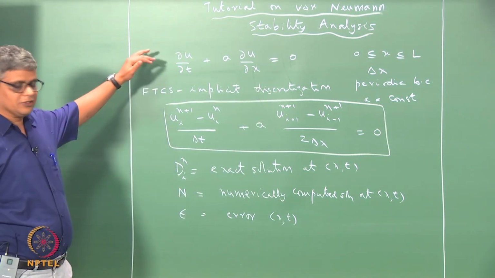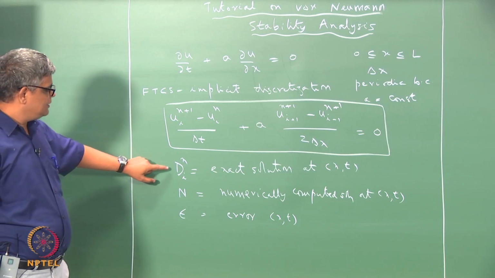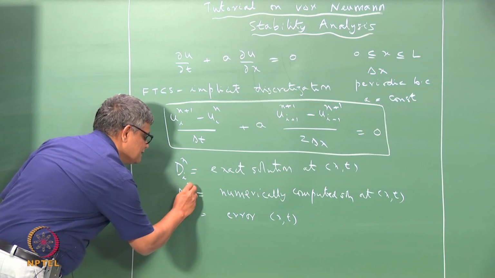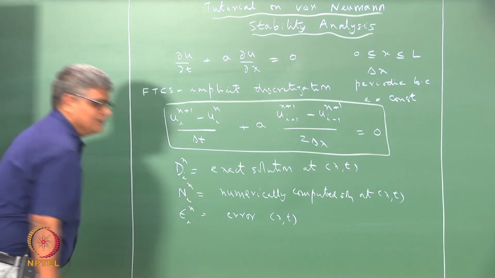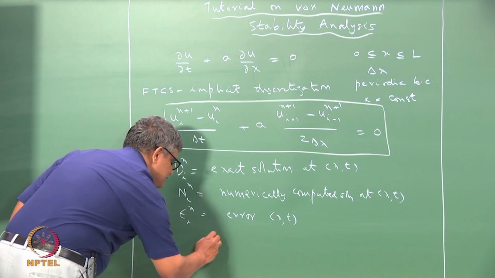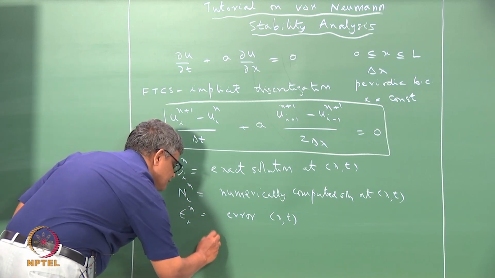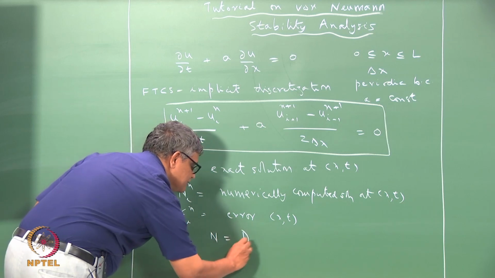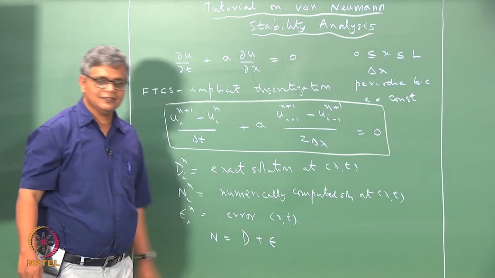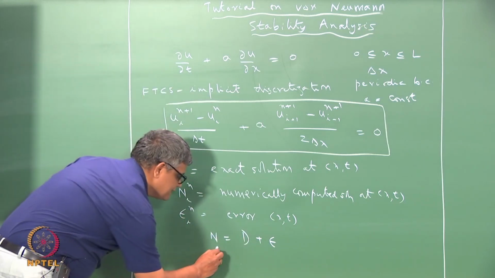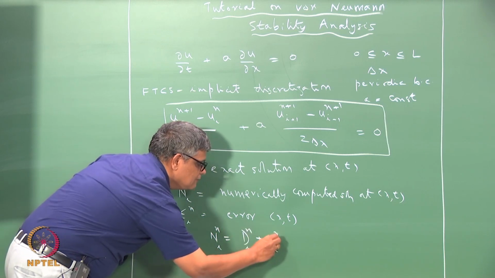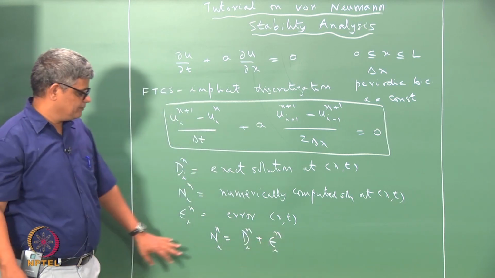And as the solution progresses, D_i^n is changing and N_i^n is changing and epsilon_i^n is changing, and we say that the numerical solution is the exact solution plus an error, and therefore we can say that N is D_i^n plus epsilon_i^n like this.